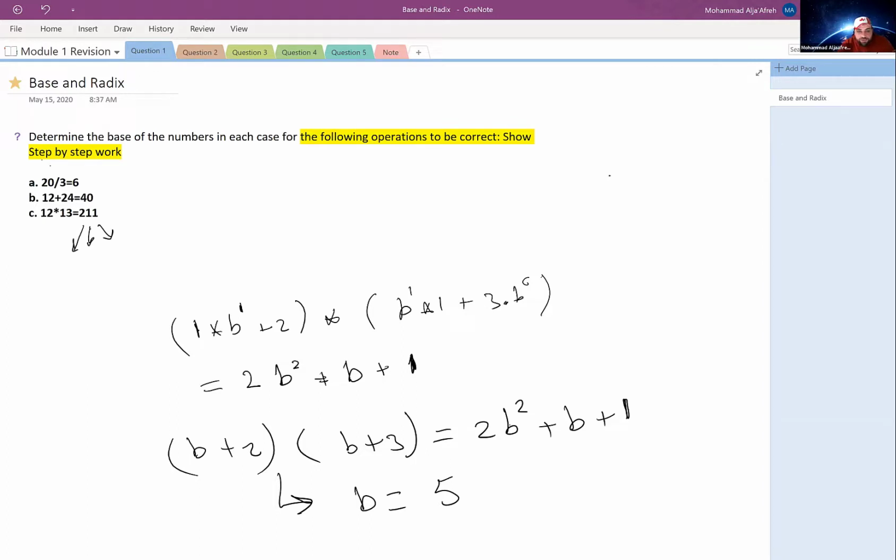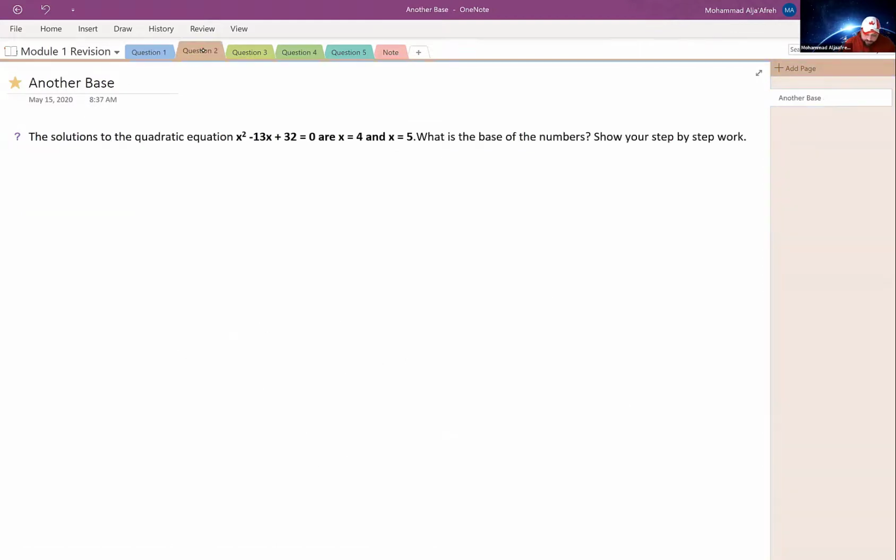Now let me move to question 2. Okay, now I have this equation, and I'm telling you that the solution for this equation is 4 and 5. Now, if you apply those in the decimal, those are not the roots of this quadratic equation.